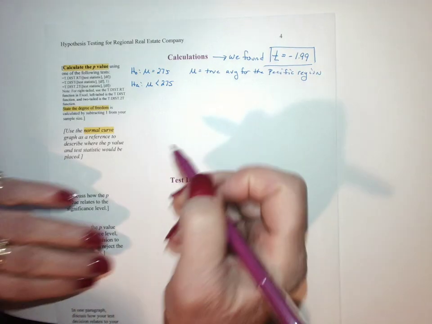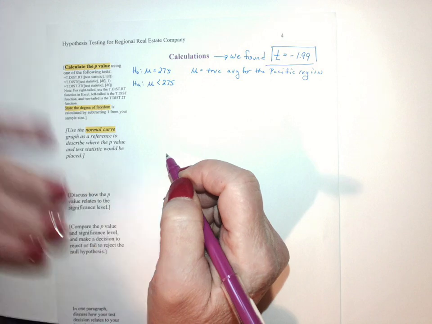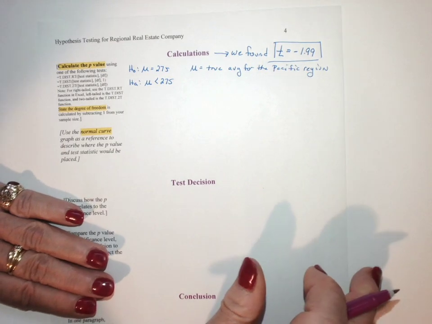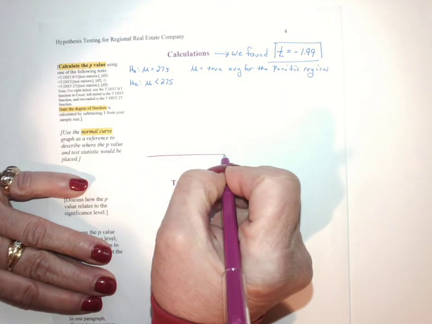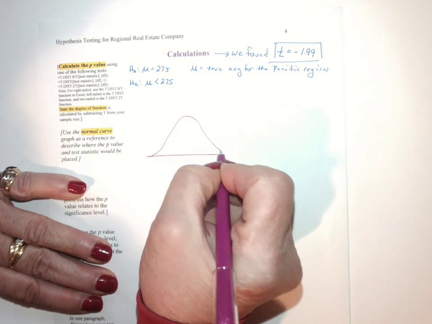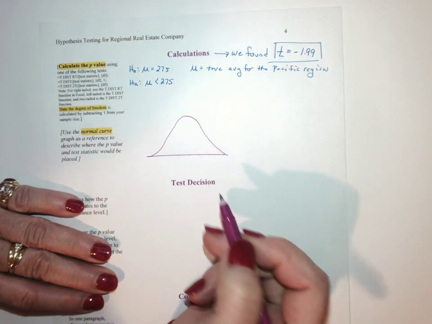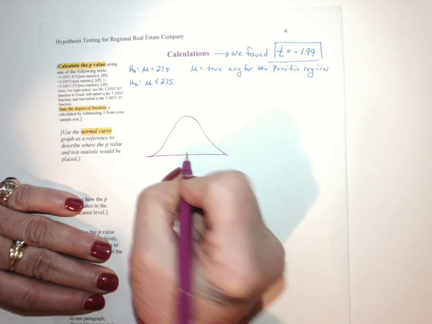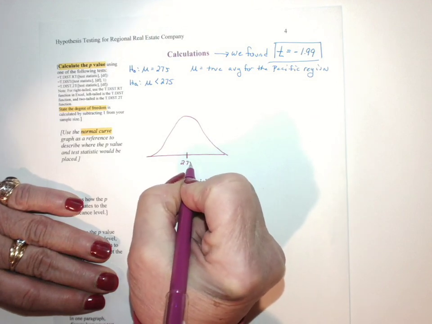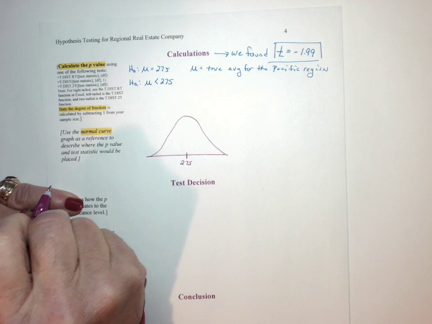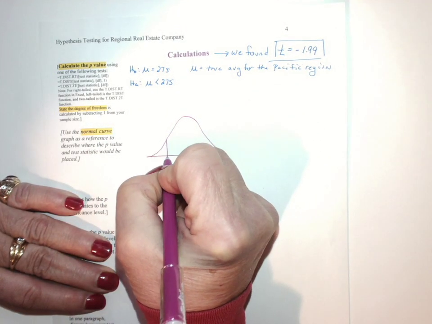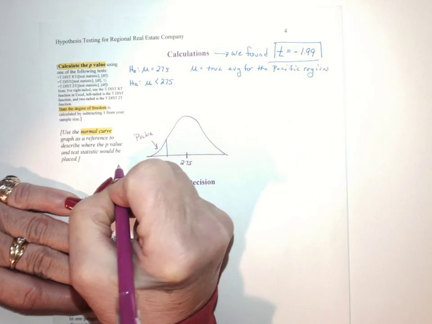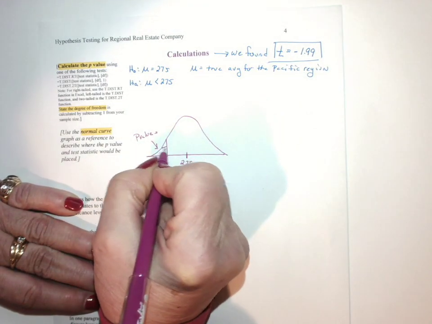we always want to draw our normal curve. I'll make this a little bit bigger. And you're asked to reference the normal curve in your calculation section. Okay, the claim is that it was $275. And remember, we have a p-value, and so now we have to calculate this p-value.